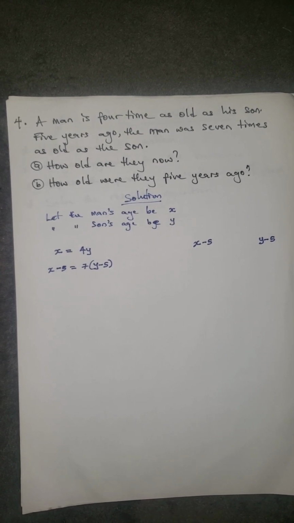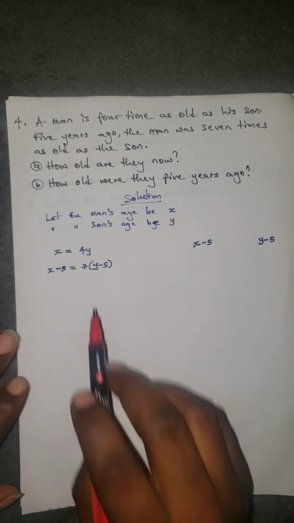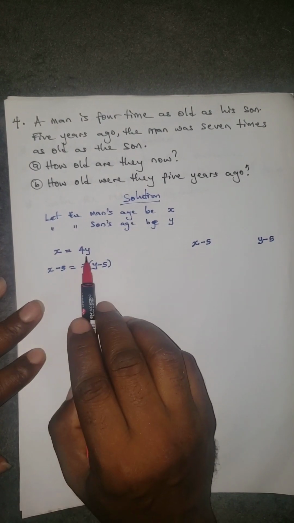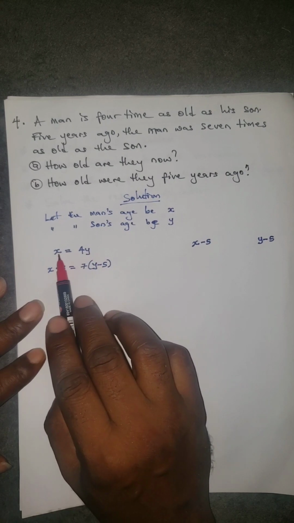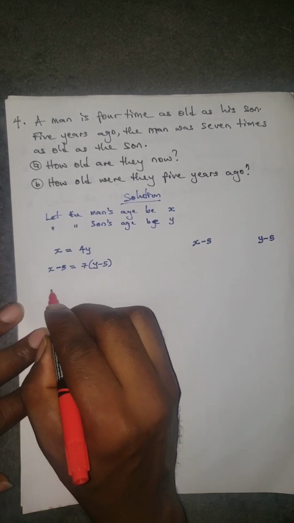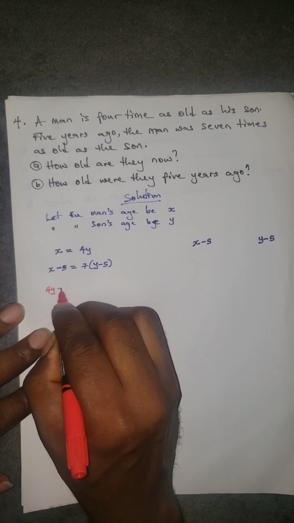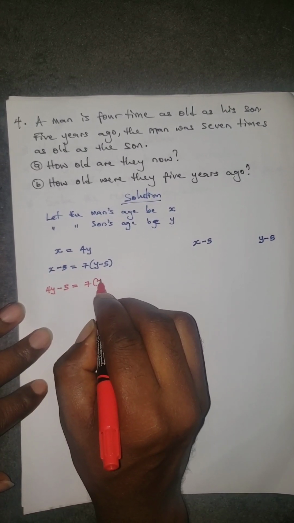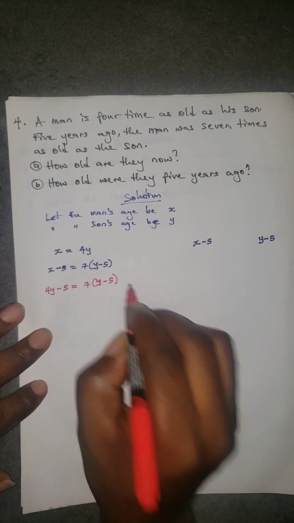This problem can lead to simultaneous equations, and can as well lead to a linear equation. So what I am going to do here is to replace this X here with the equivalent of X, which is 4Y. So that will give me 4Y minus 5 is equal to 7 into Y minus 5.